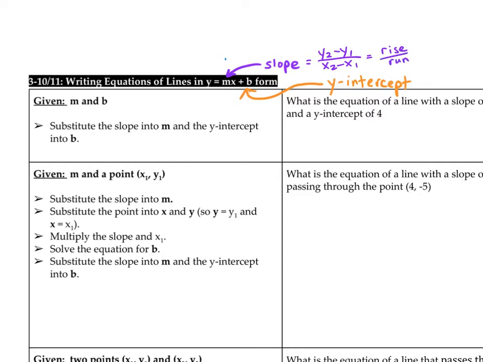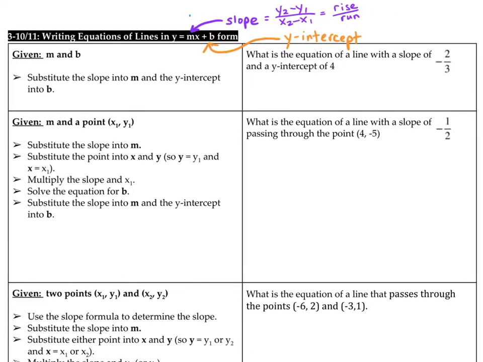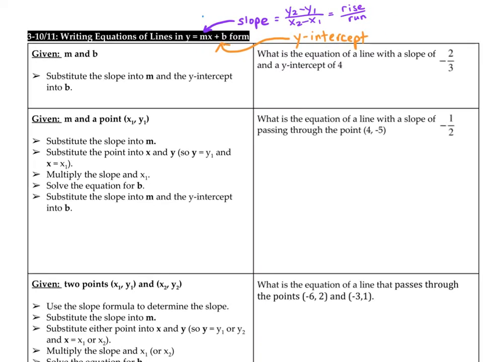Now, when you make an equation, what you always want to do is always have the y and always have the x in the equation, and then all you have to do is substitute in the value of m and substitute in the value of b. So in this question, what is the equation of a line with a slope of -2/3 and a y-intercept of 4?